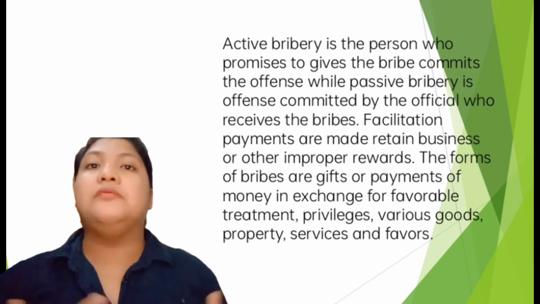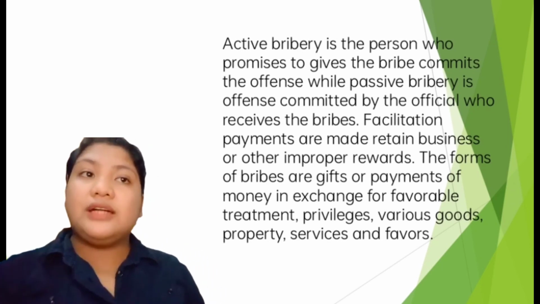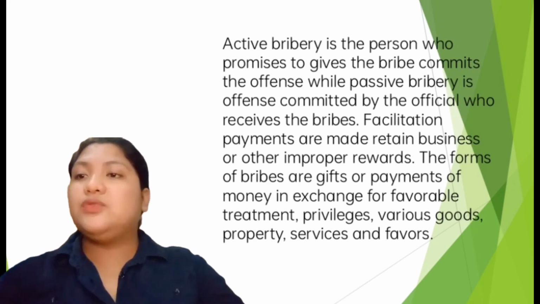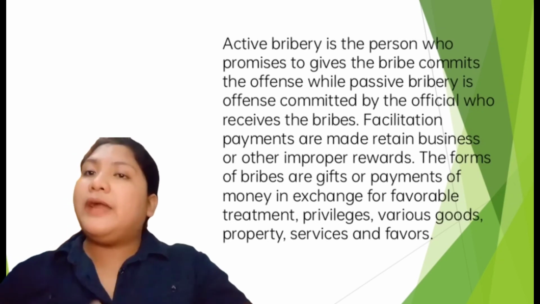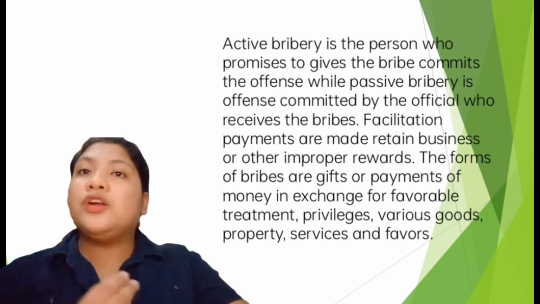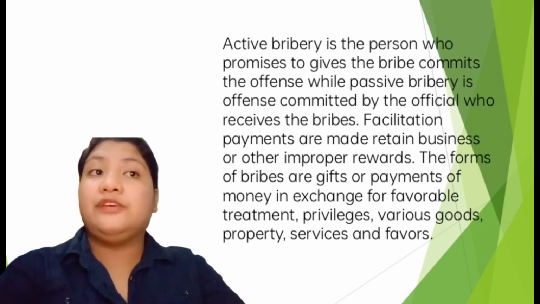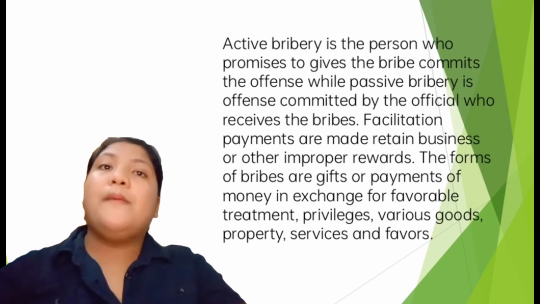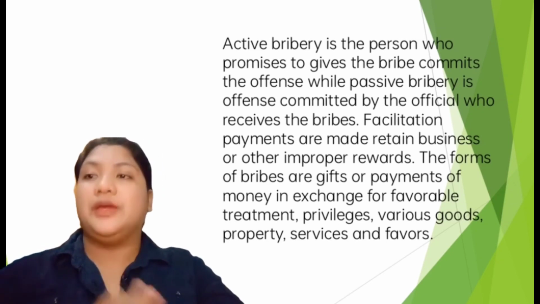Facilitation payments are made to retain business or other improper rewards. The next one is the form of bribes or gifts of payment: gifts or payments of money in exchange for favorable treatment, privileges, and various goods, property, services, and favors.